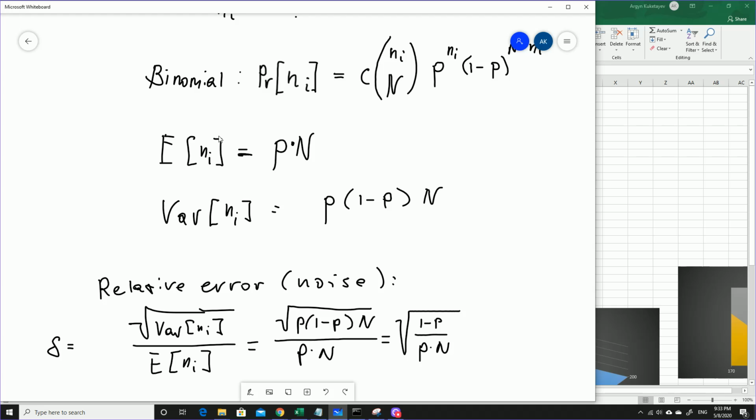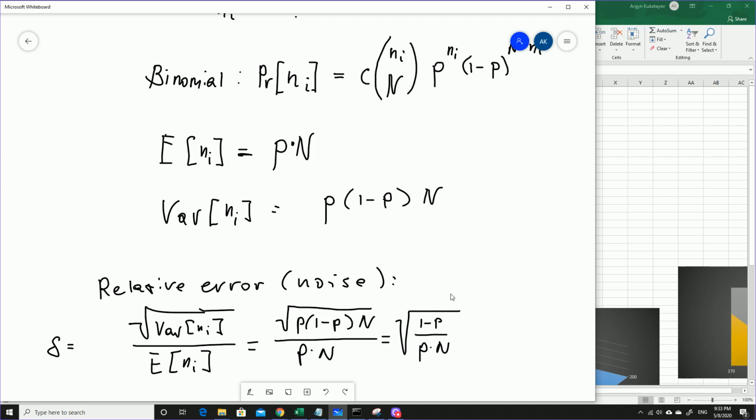Now, knowing the variance and the average, we can calculate the measure of uncertainty. Let's call it a relative error or noise. What is it going to be? It's going to be the standard deviation of this number of people in a cell over the average number of people in a cell.